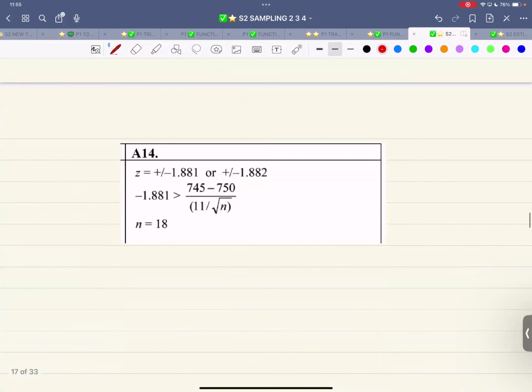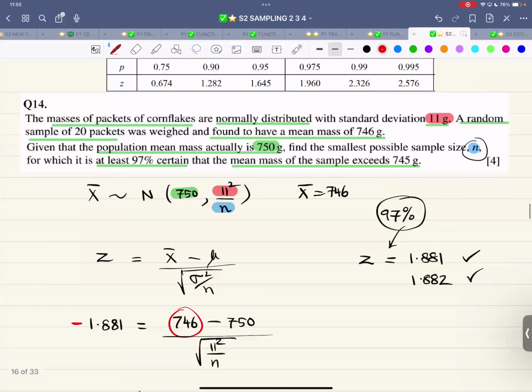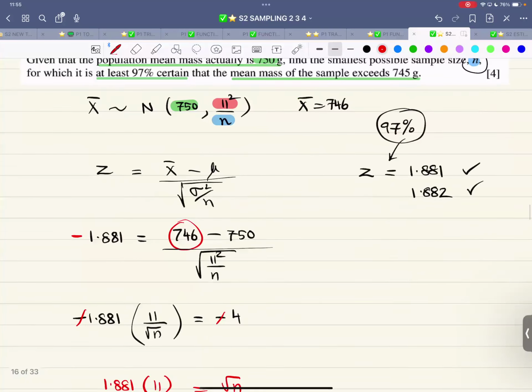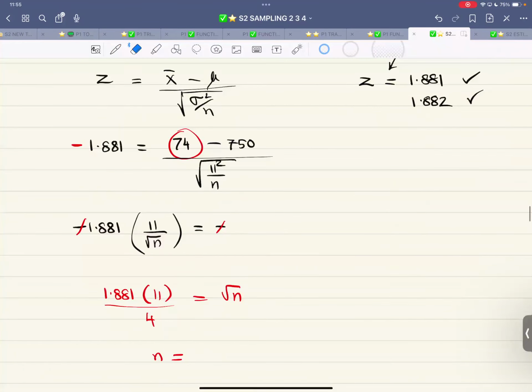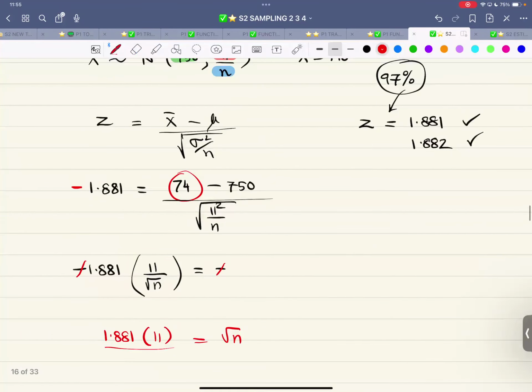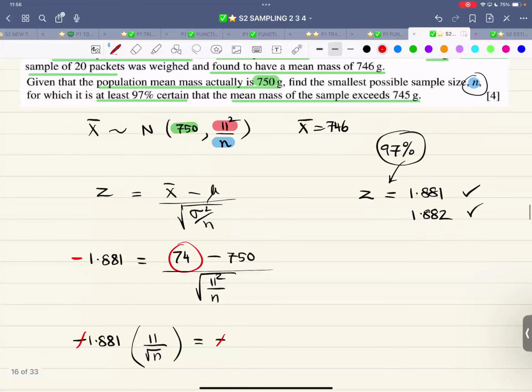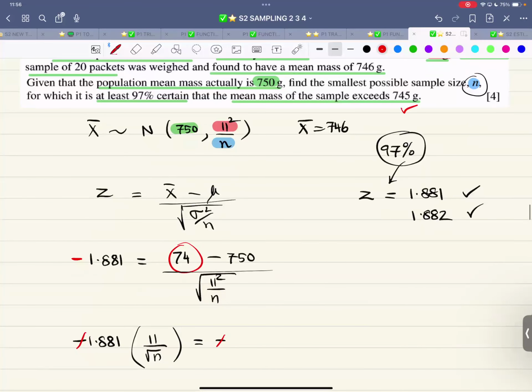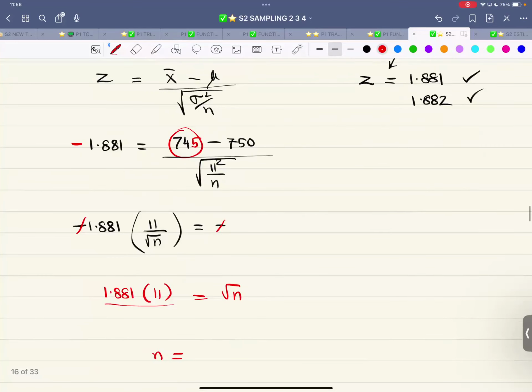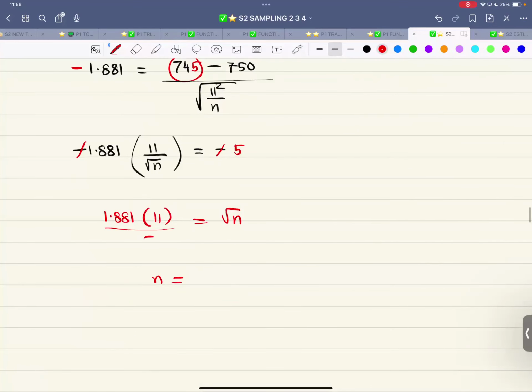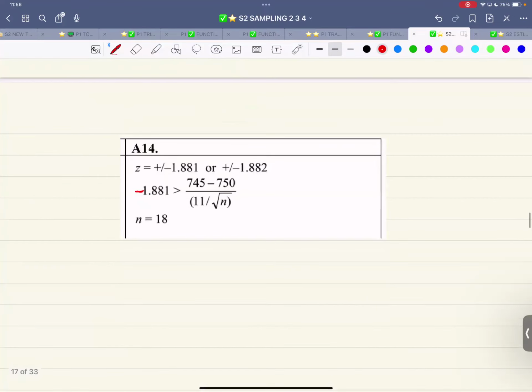Okay, let's double check. 1.881 with a negative sign, 746. 746 or 745? 745, my bad. So 745 is there. So let me just correct myself. So that is 745, therefore this is 5. Okay, so that 20 value has a mean of 746, but we are looking for 745. So this is 745, this is -5, this is 5 over here, and then you'll find the value of it. All good, all clear?